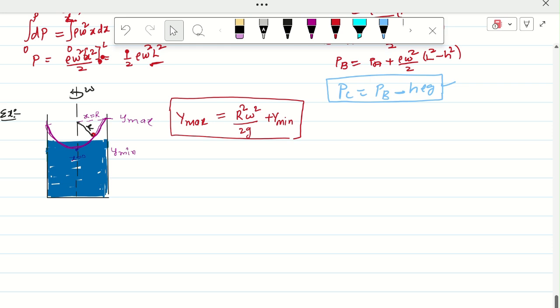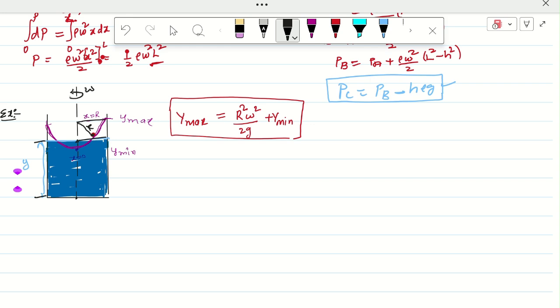Initially the liquid is taken in a beaker or a vessel like this, to the height y. Y is the initial height of the fluid. Now the vessel is rotating about the given axis, and the vessel has radius r, that is, diameter d.